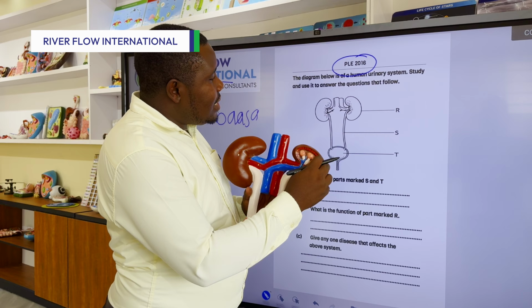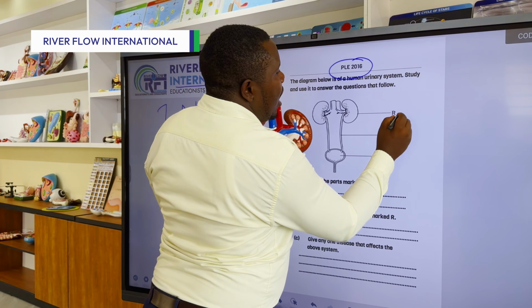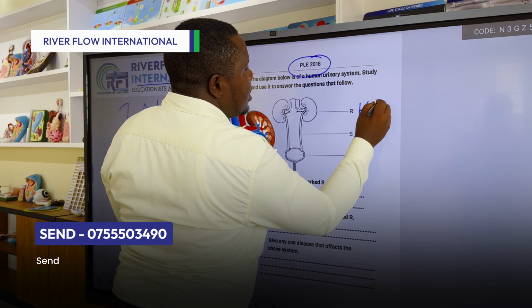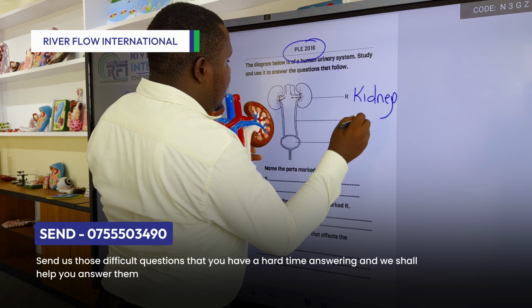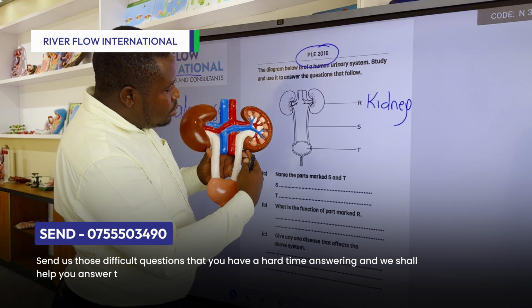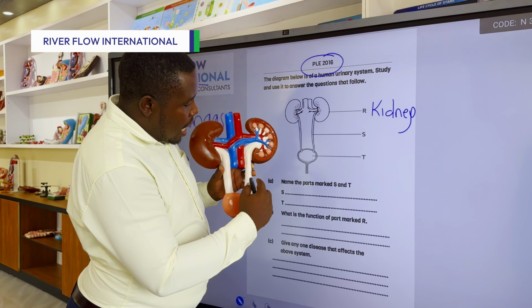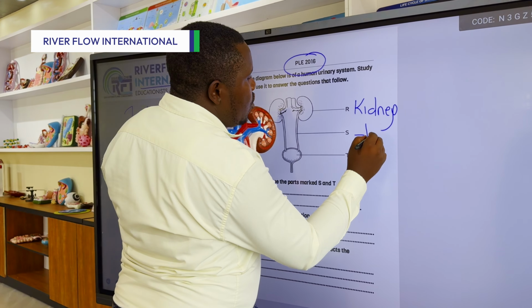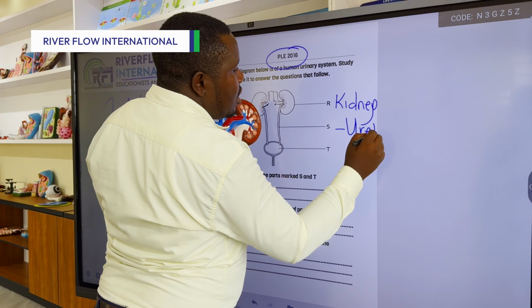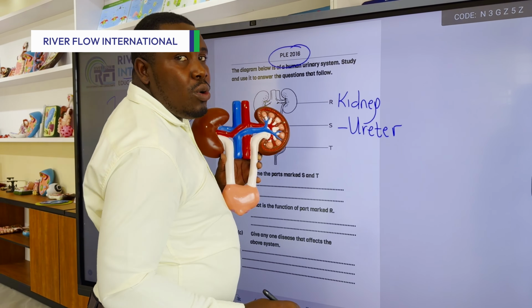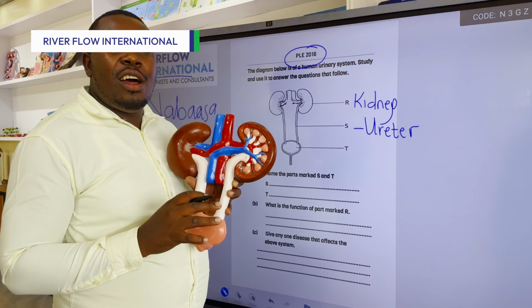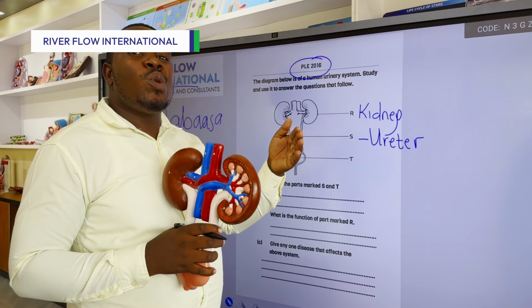Now these two parts, this one is this and this, and we know that these are kidneys. So we'll say this one is a kidney. Now this part which is labeled S is this one which comes from the kidney and connects down here, and we call this one a ureter. A ureter. Now, learners or anyone, many people always forget and say urethra.